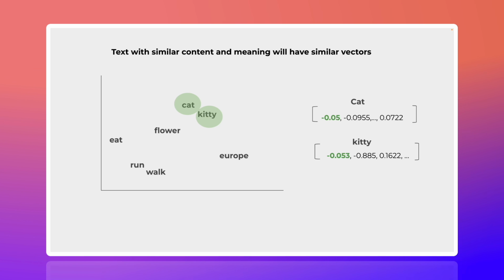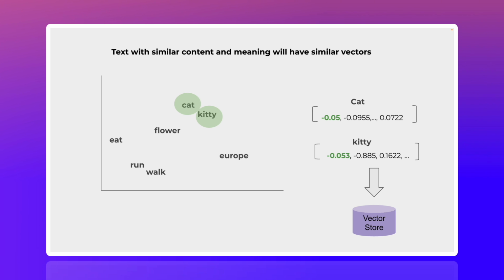If you look at the actual representation in the vector space, vectors as numbers, you will see something similar to this, because cat and kitty are pretty much the same in terms of semantics, the meaning. They will have similar numbers somewhere. That is actually what is stored in a vector database. These numbers, these vectors, are embeddings. The great thing is that vector databases can be used in various cases.